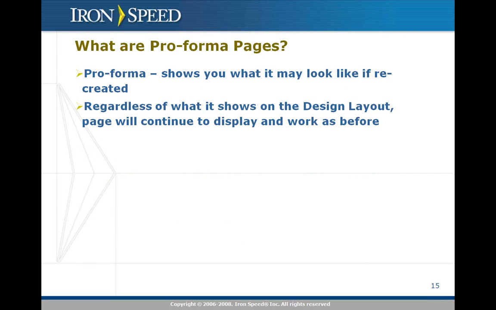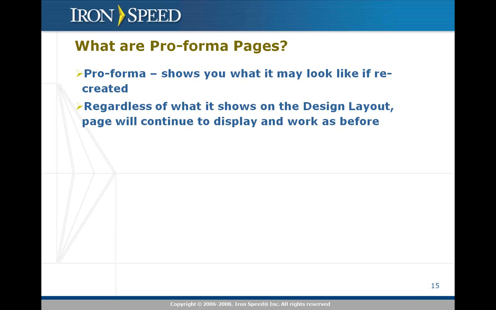I want to talk about proforma pages. When you do migrate, you will get essentially a set of what are called proforma pages. These are the pages that have been pulled into the latest version, but they have not been changed. So they are still the older version pages running in version 7.0, very similar to the 2003 Word documents running in Word 2010 as an example.